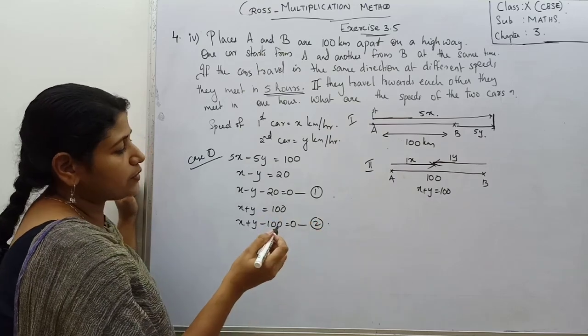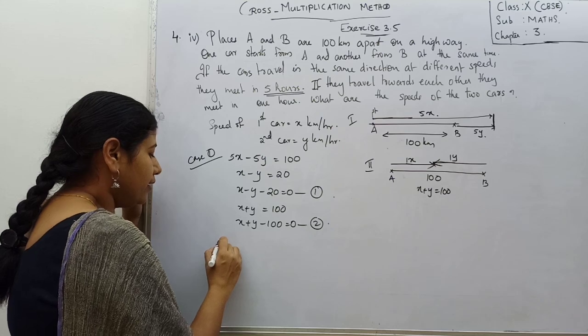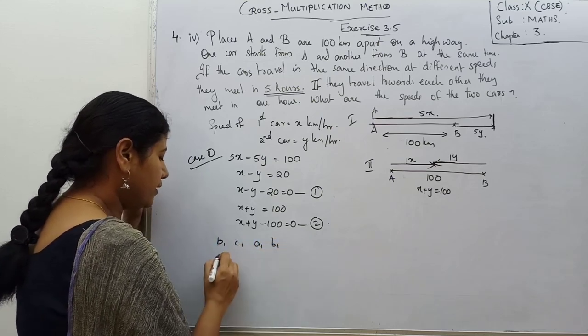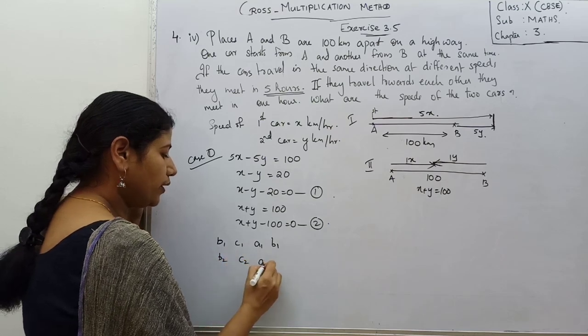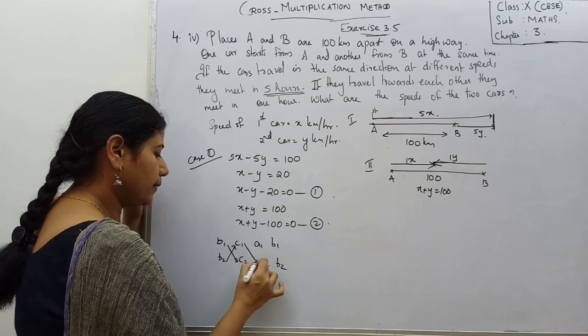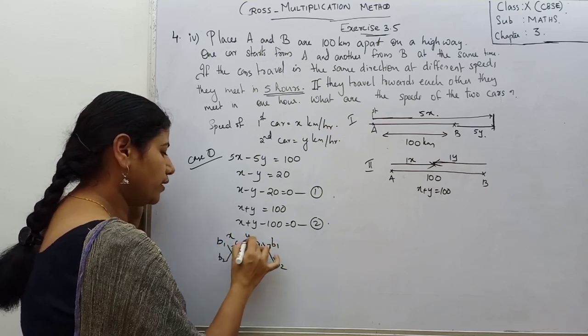To use the cross multiplication method, we have to write the formula like this: B1, C1, A1, B1, B2, C2, A2 and B2. Just cross multiply, isn't it? And we have to write x, y and 1 in between these.